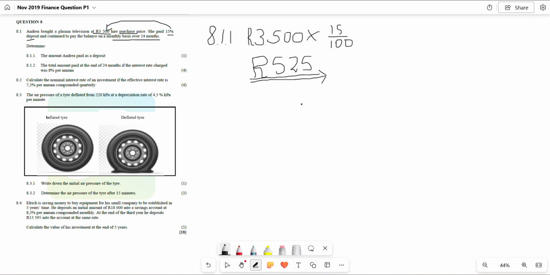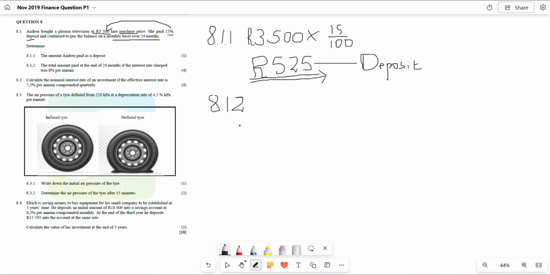That is how you handle the deposit question when dealing with a hire purchase agreement.